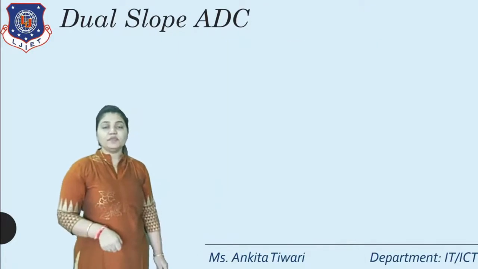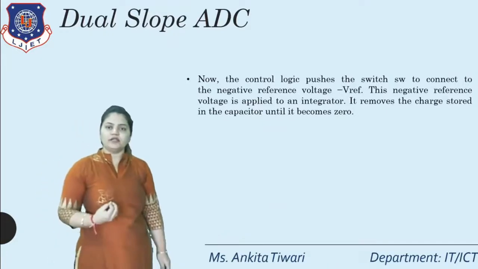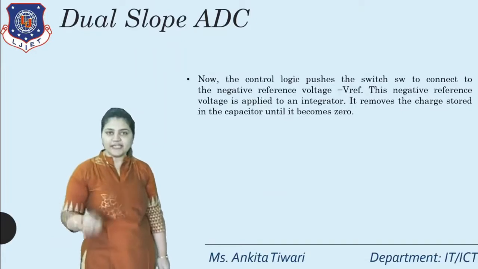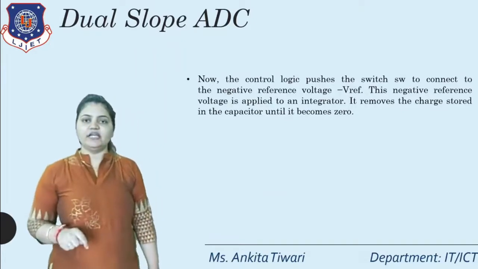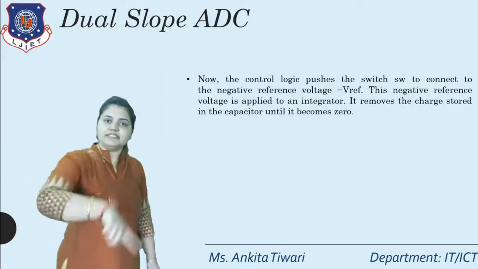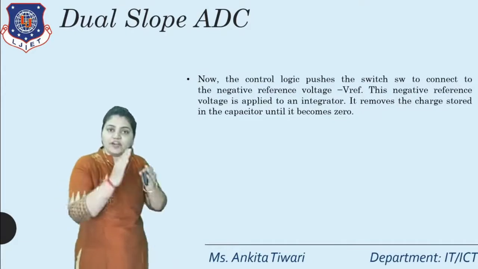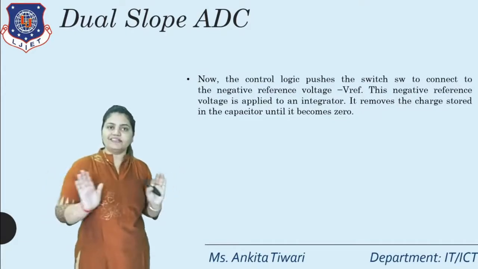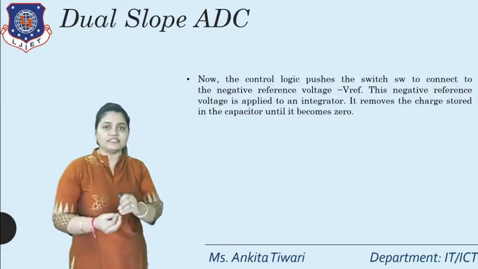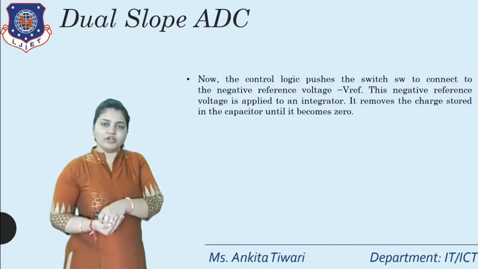The dual slope ADC is also here. In the control logic, the switch SW is connected to the negative reference voltage, because here we are taking a negative reference voltage. This negative reference is applied to the integrator, which will remove the charge stored in the capacitor until it becomes zero, because the capacitor will initially have some voltage inside it.